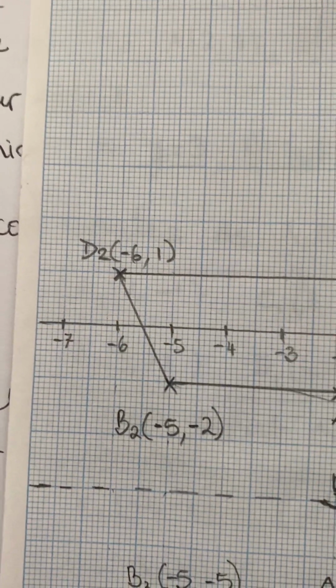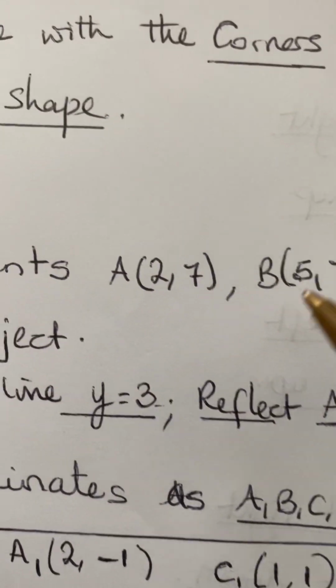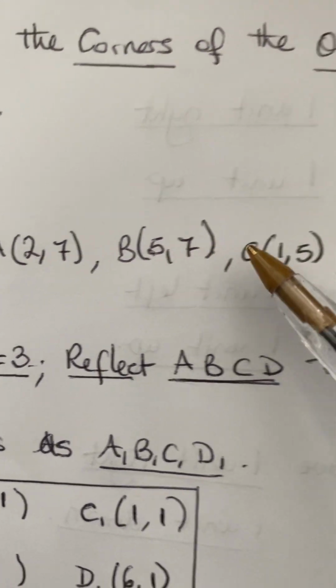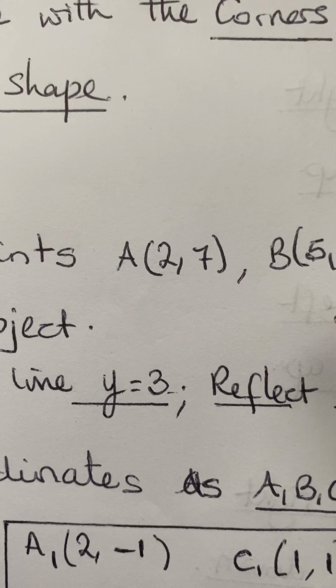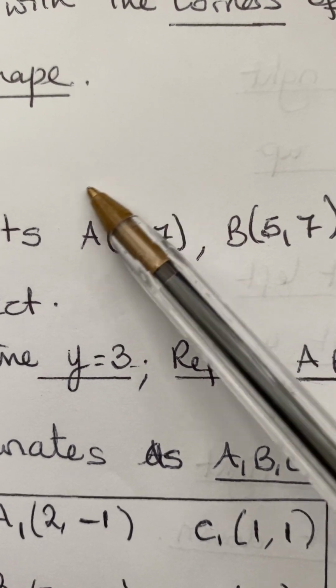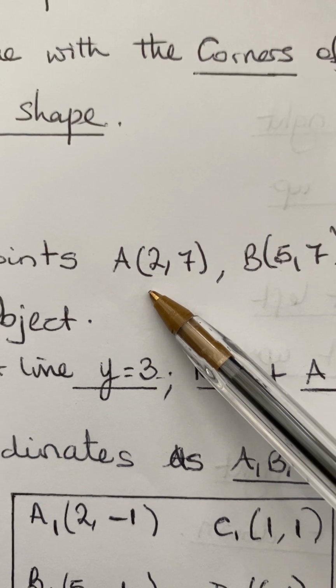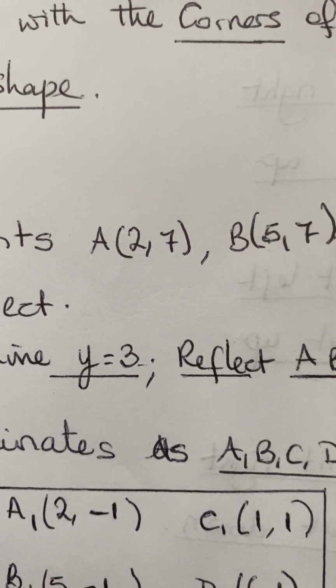Now, they said I should plot the points. So first of all, I'm going to take each of them. When I plot it, I'll label it, and I'll put the label they've given me in the question. The first one is A(2,7).